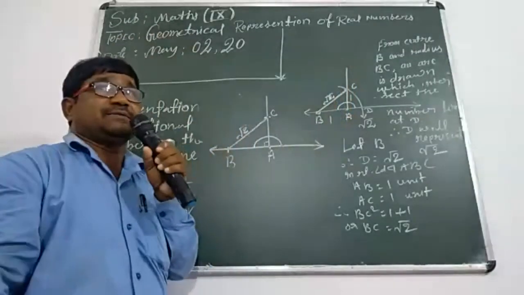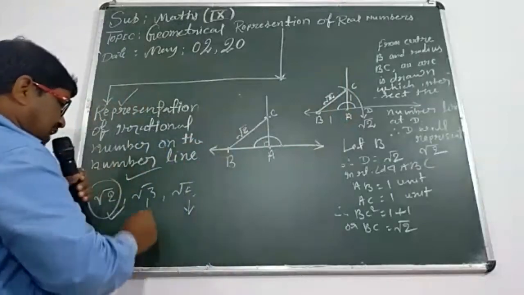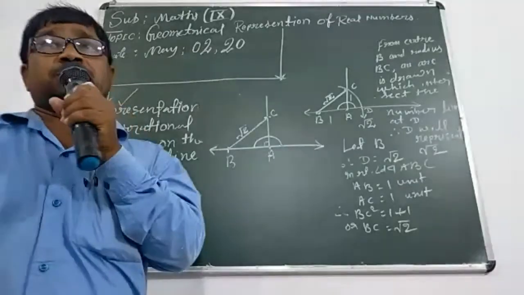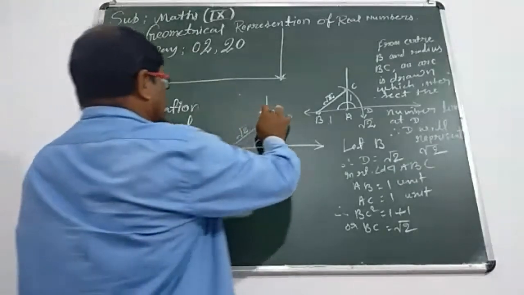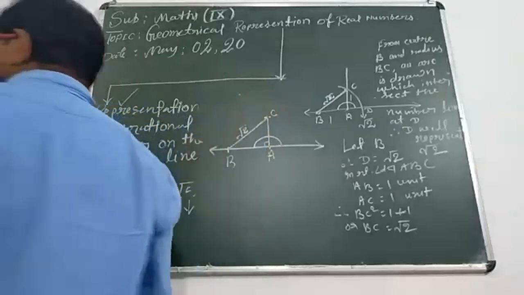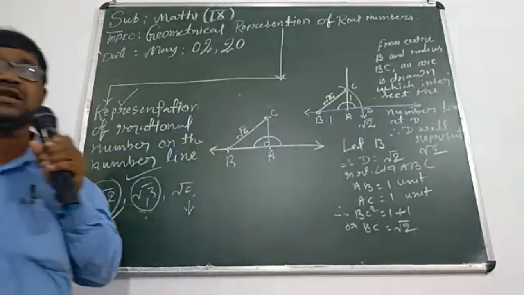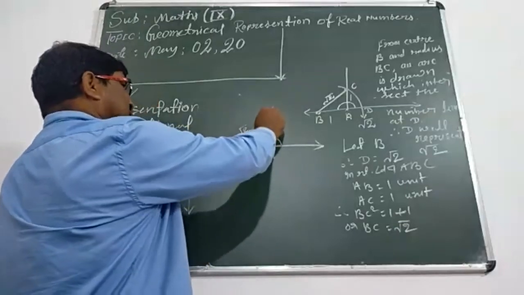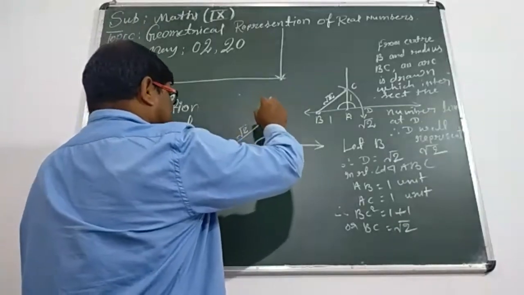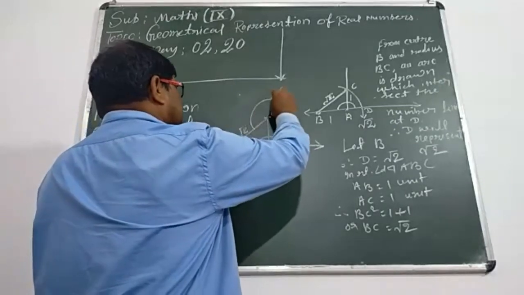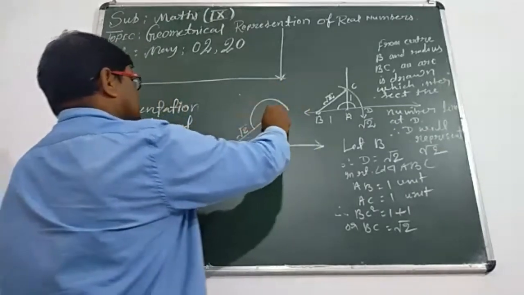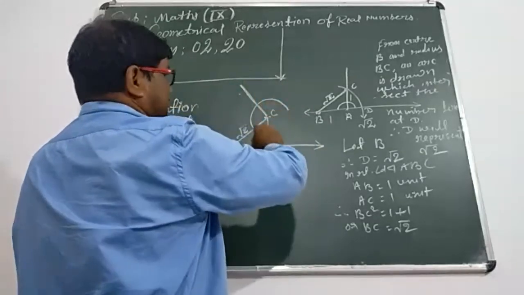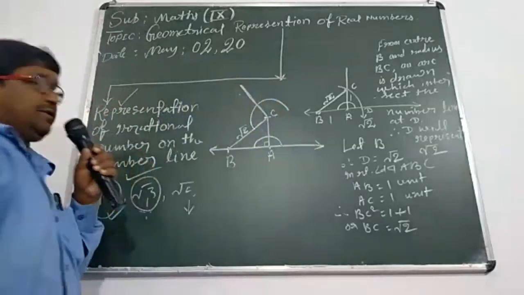That is clear. But now you want to represent under root 3. How will it be possible? So after supposing BC is your baseline, from the center C we will draw a right angle now. I mean, drawing the perpendicular at the point C again.